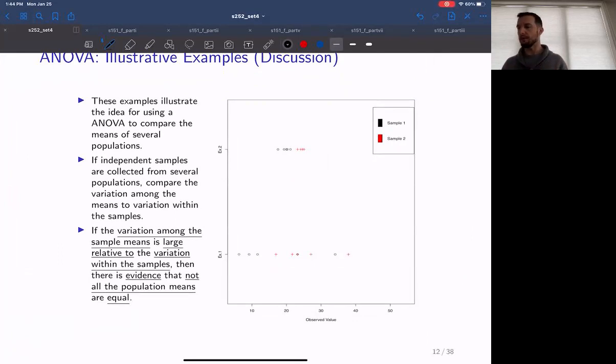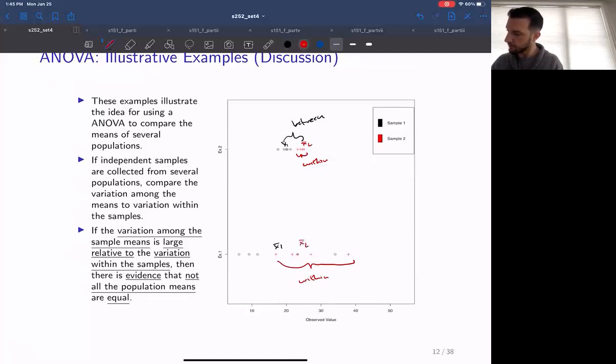And again, this slide is summarizing what I was trying to express before: if we consider the two types of variance, the within sample, which would be this part, and then the between sample, which would basically be from x bar 1 to x bar 2. And then here, we would have x bar 1. We would have x bar 2.